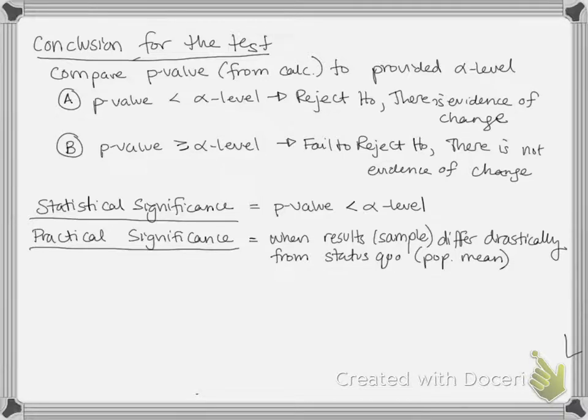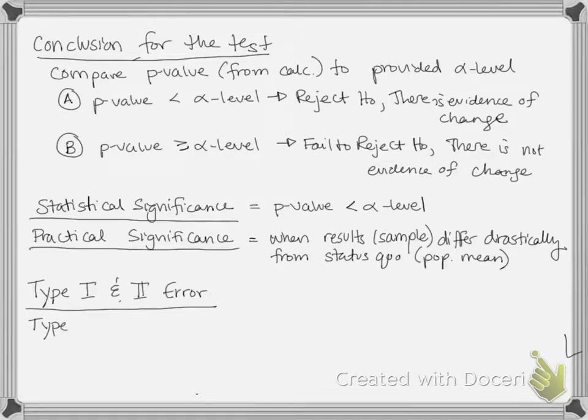Okay, and then we have a final new concept here, and it is referred to as type 1 and 2 error. So I'm going to give the definition of the two, and then I'm going to try to give you a little example here.